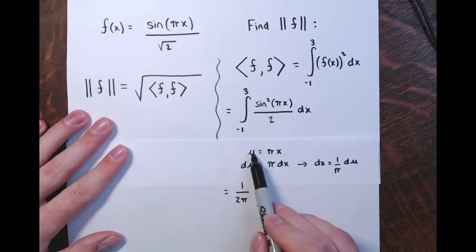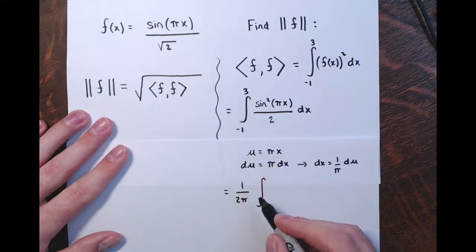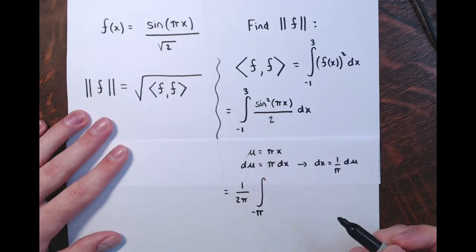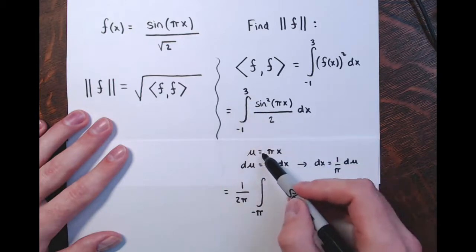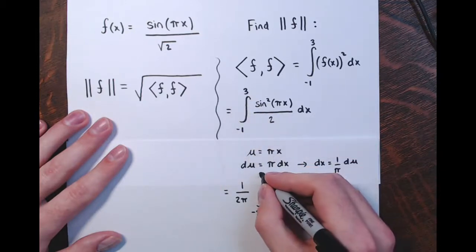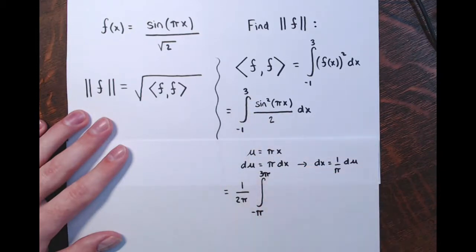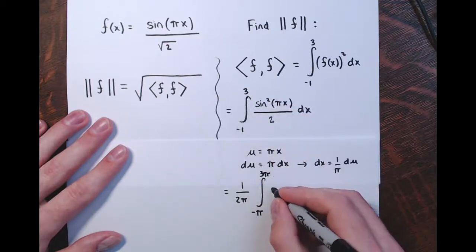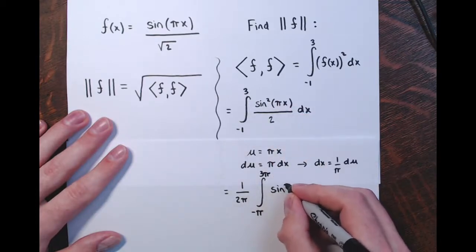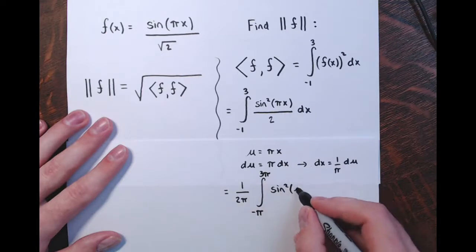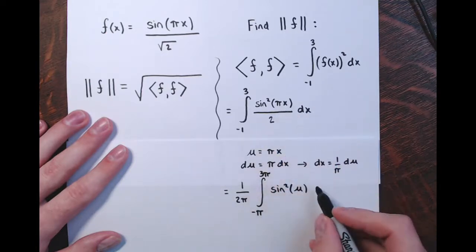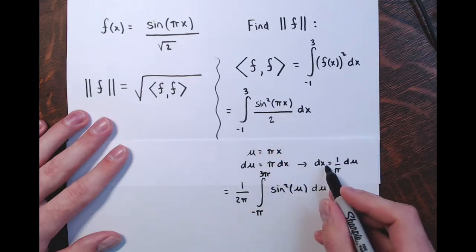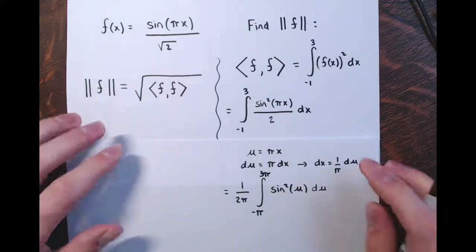Putting that in here, the lower limit for u will be negative pi. And putting 3 in for x in this substitution, we get u equals 3 pi, so the upper limit is now 3 pi. And then I have sine squared of u. Right, u is the pi x, and then du. Again, I replace dx with 1 over pi du.